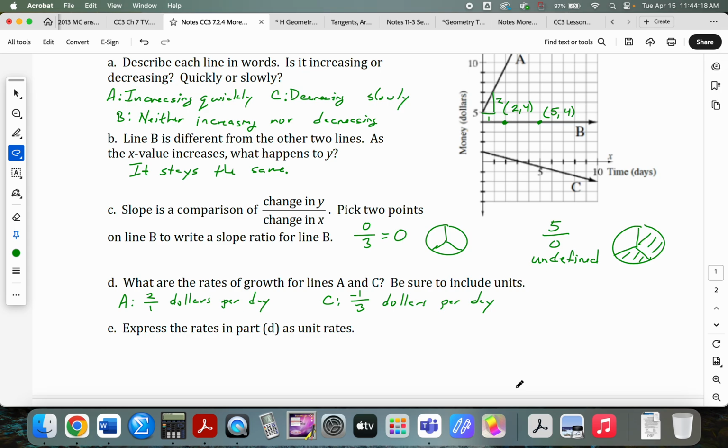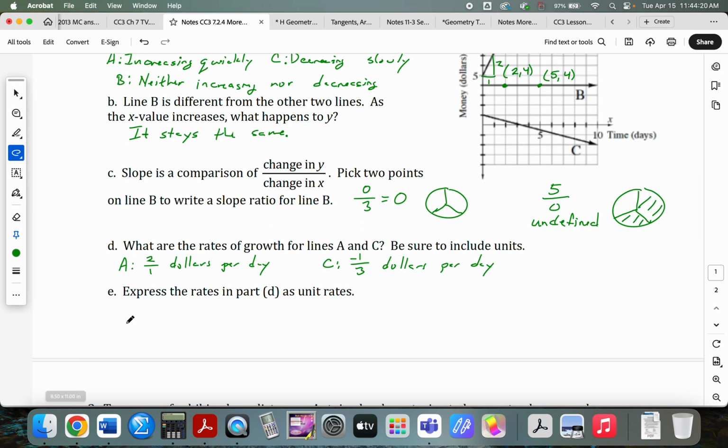Now we can also express these as unit rates. For A, it doesn't change anything. It's $2 per day. But for C, we can make that -1/3. We can just leave it that way.